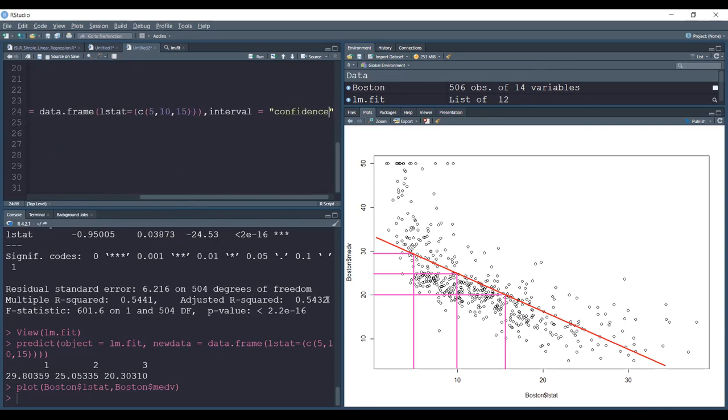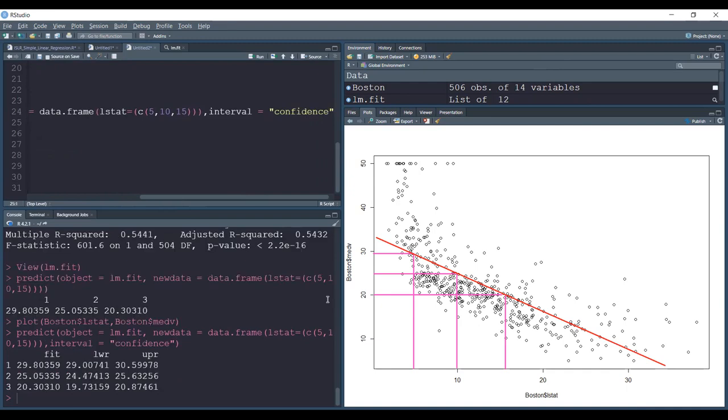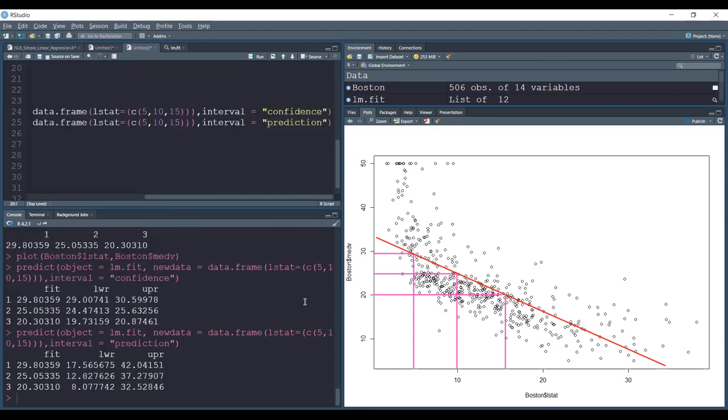Confidence. So what is it saying over here? What's the difference between confidence and what was the second one? Let me check. Second one was prediction. Okay.